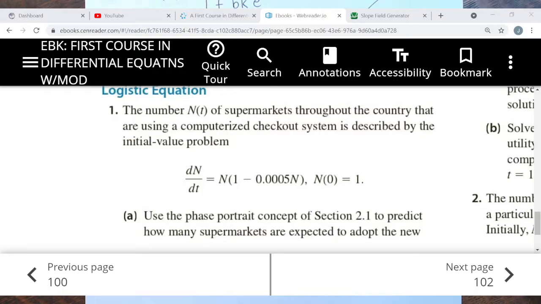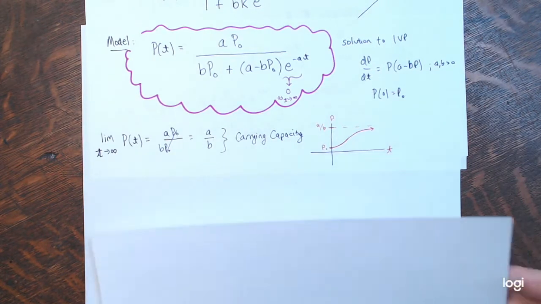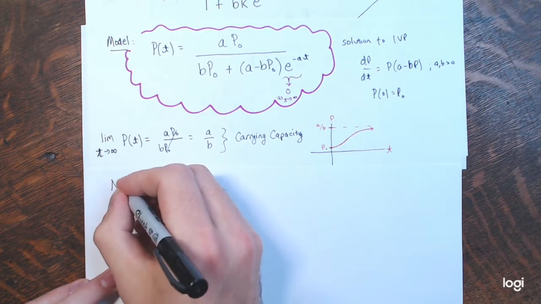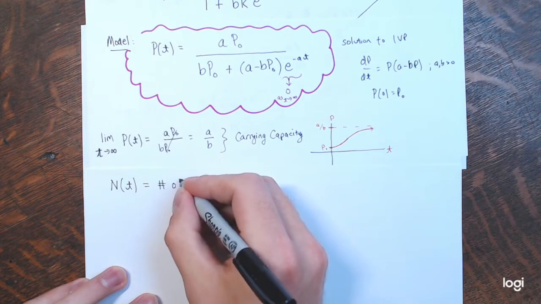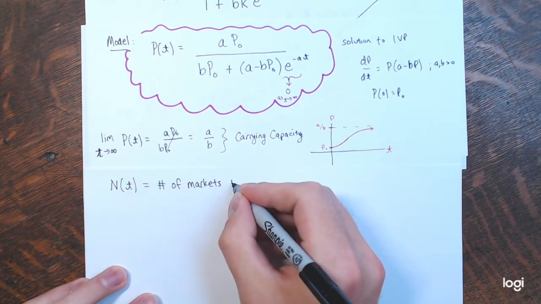So now, first let me go back to my paper and write this out. We have n of t instead of p of t. N of t is the number of markets with computerized checkout at time t.